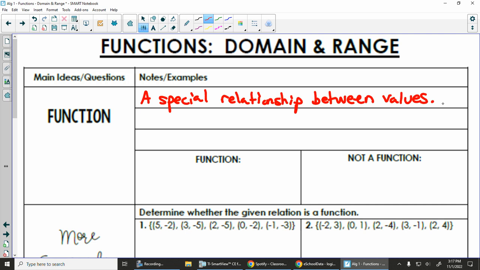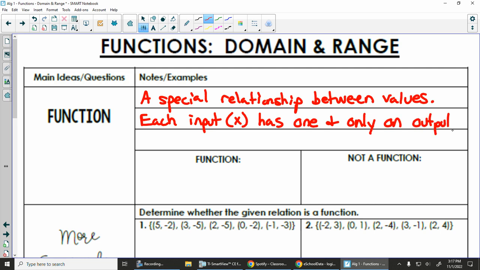Well, specifically, each input, which remember we discussed in the last lesson, are your x's, has exactly one and only one output. And remember, those are your y values.